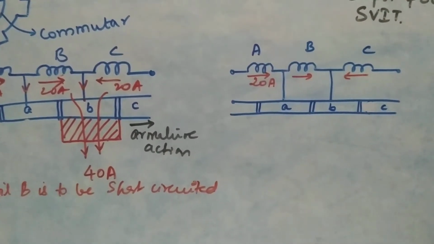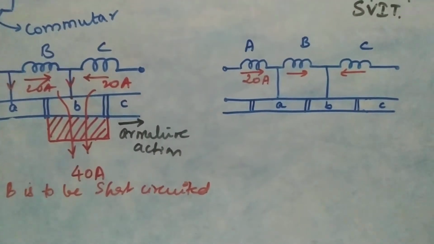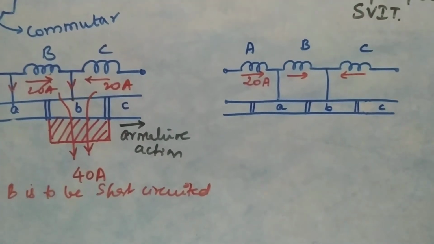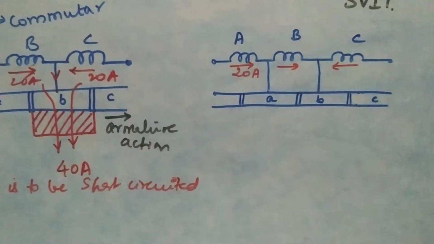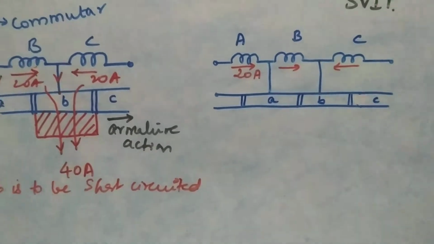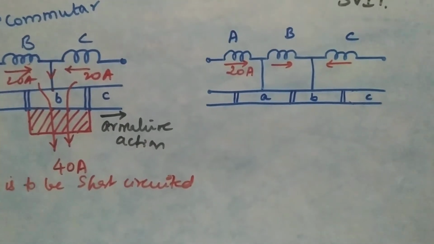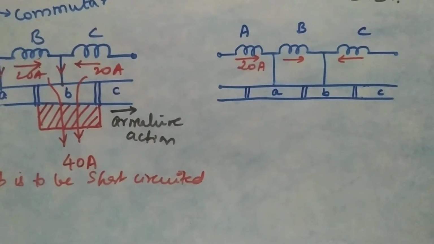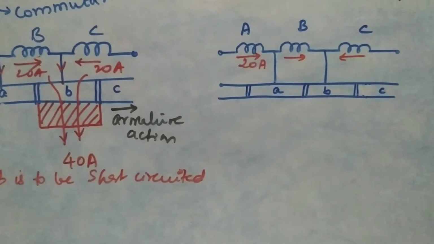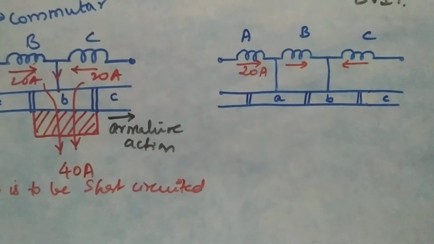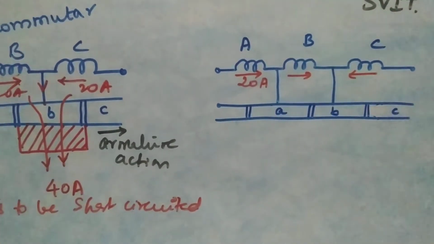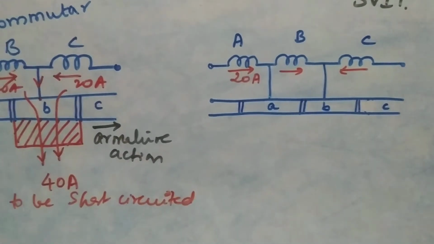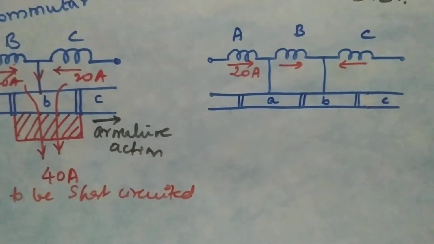So let us see case 2. What will happen when coil B is about to be short circuited, entering the short circuit period? Here the current in coil B will get reduced from 20 amperes to 10 amperes.